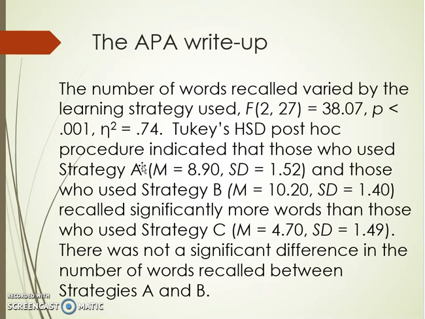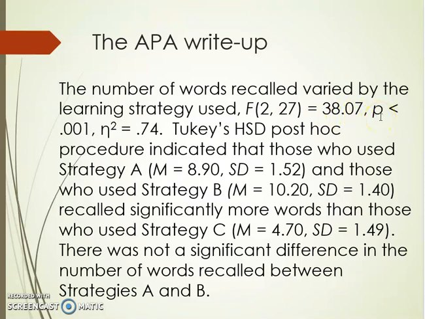So let's finish up by taking a look at the APA write-up that Yaki used in the text for this particular example. So he says that the write-up should say the number of words recalled varied by the learning strategy used. So here's where we report the F statistic. Notice that F is italicized, and then we have the 2 degrees of freedom. So the first one is from the numerator, and the second one is from the denominator. And so we include both of those in parentheses, and then we give the value for it.